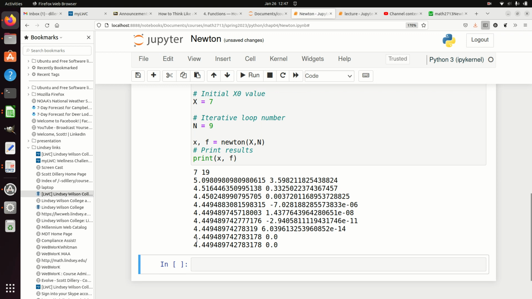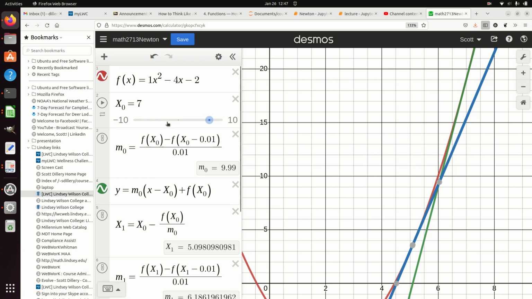And so we got 4.449489, and so rounded to 3 decimal places, it is exactly what Desmos said we get if we just click on their 0 for it. Okay, so I don't know what their next decimal place would be, but we're definitely very, very close.